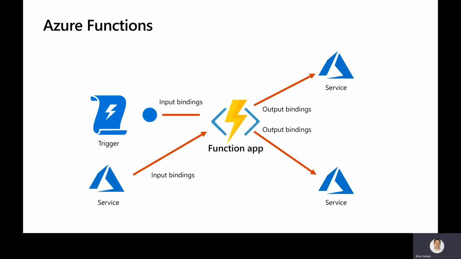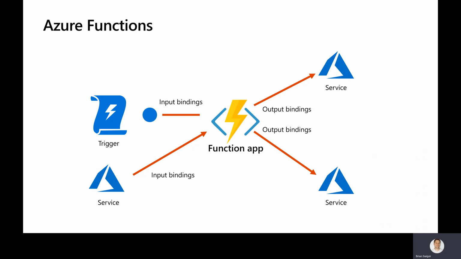So really quick, in terms of triggers and bindings, they let you avoid hard coding the details of the services you're working with. Your function receives data in the function parameters, and you can send data by using the return value of the function. So in C# and C# script, alternative ways to send data are out parameters and collector objects as an example. So you really focus in on the function app being the center here and enabled by various services.